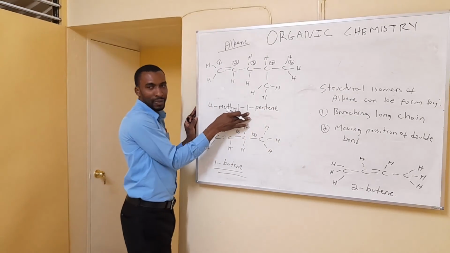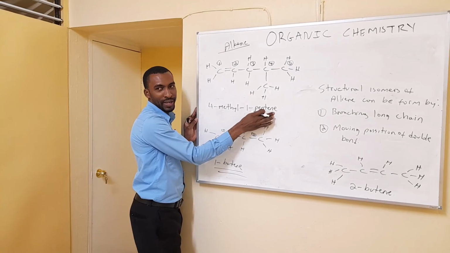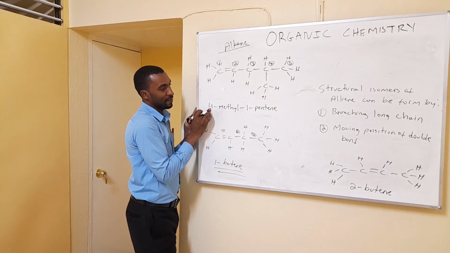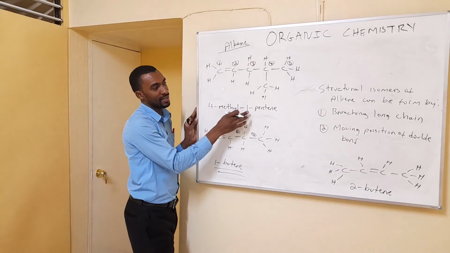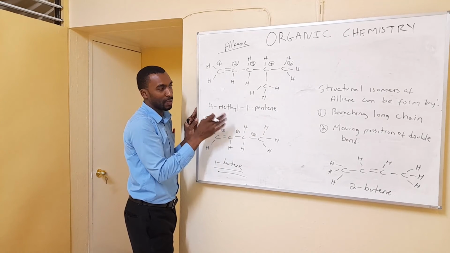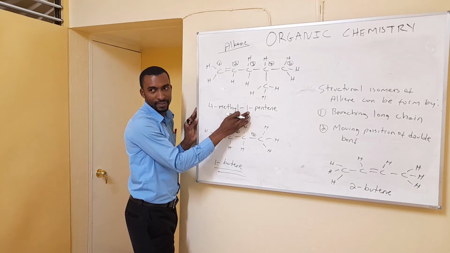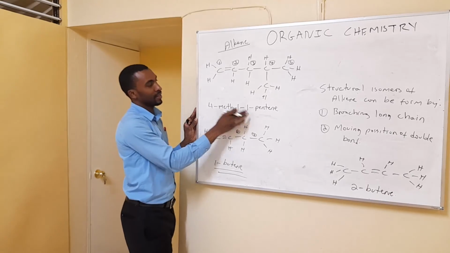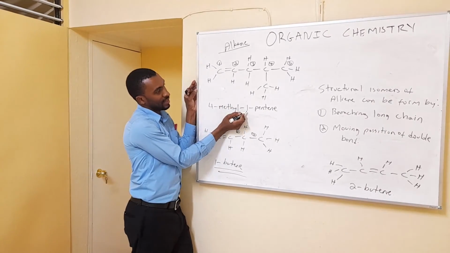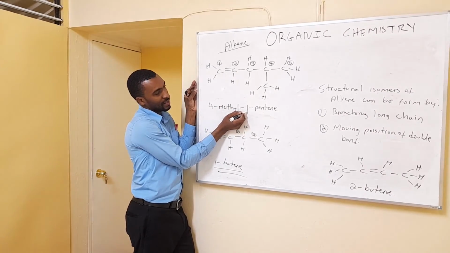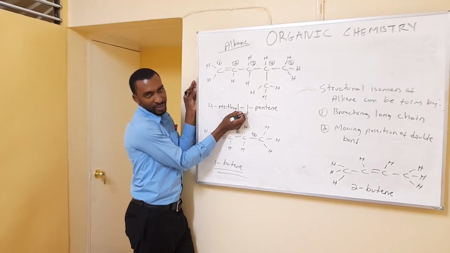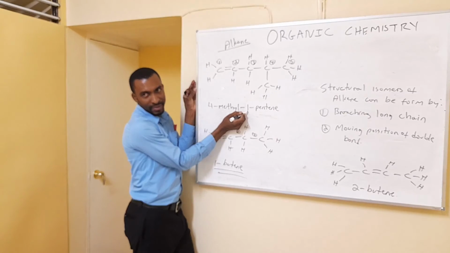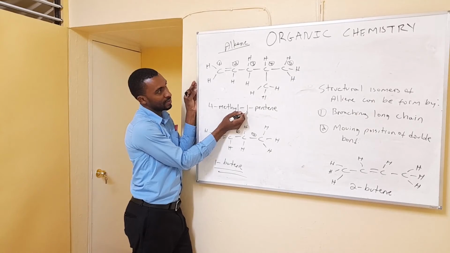So we still have to put this 1 here indicating where the double bond is. This 4 is indicating where the branch is, this 1 is indicating where the double bond is. Following? Remember that this 1 here is actually indicating the first bond between the carbon atoms where the double bond is. Clear?